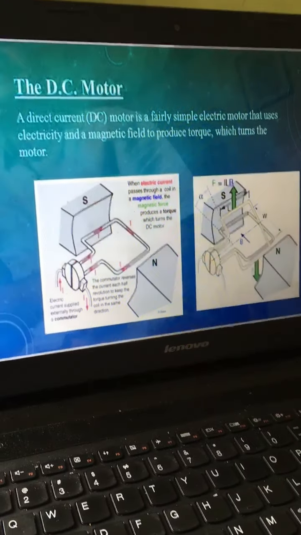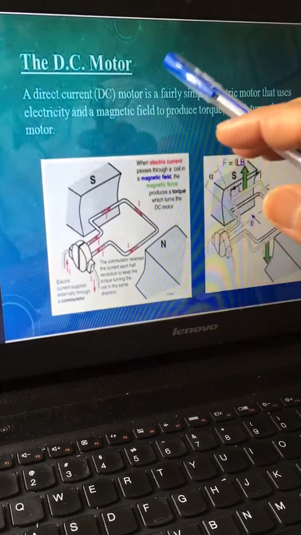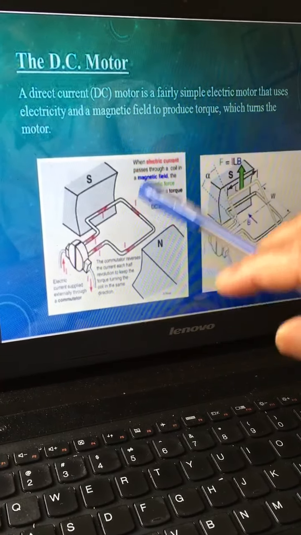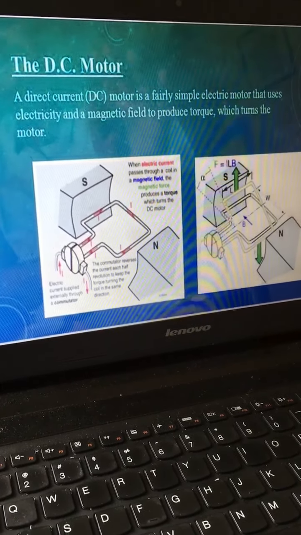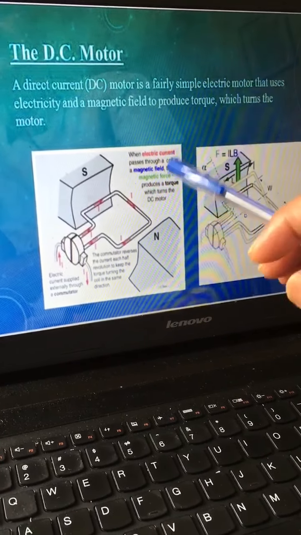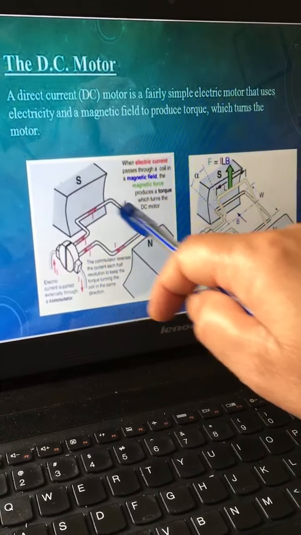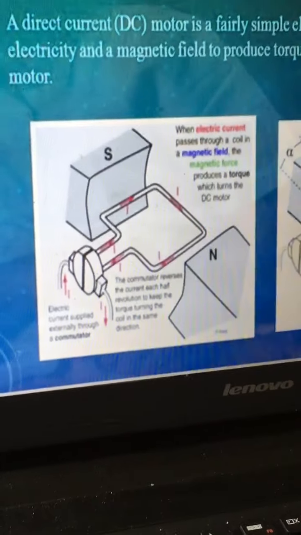This is the DC electric motor. Now children, see the four main parts. What is an electric motor? It is a device which converts electrical energy to mechanical energy. Now what are the parts? There are four main parts. N and S, you can see over there, are the two very strong field magnets.